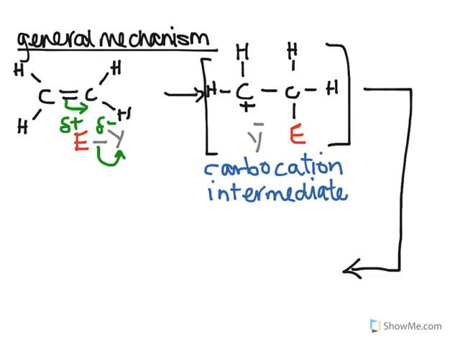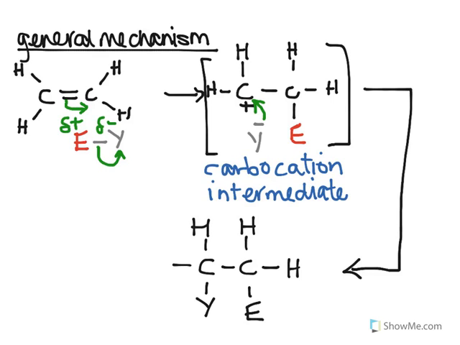This negative ion will then be attracted to this positively charged carbocation and make a bond with it to form our final product, Y and E both joined onto our original alkene, which now has a single bond between the two carbons.